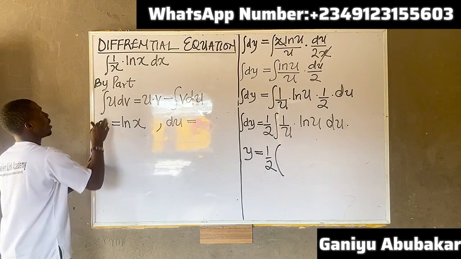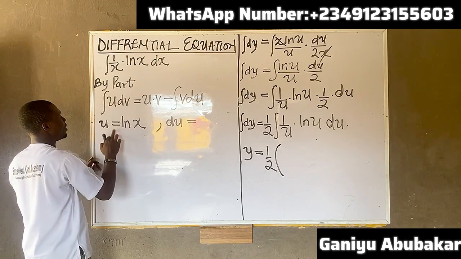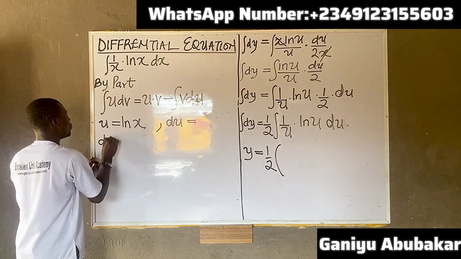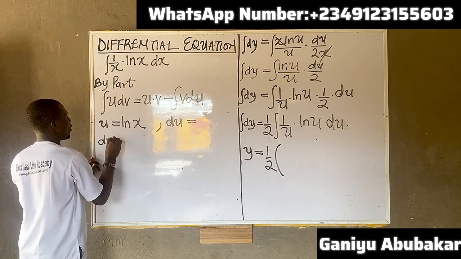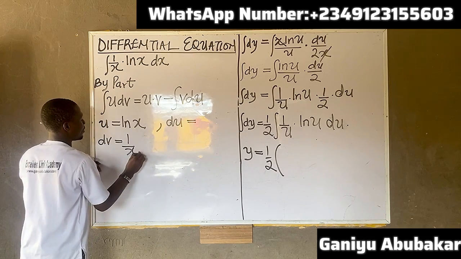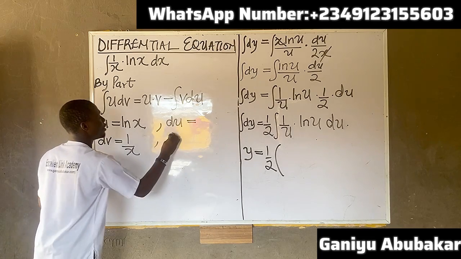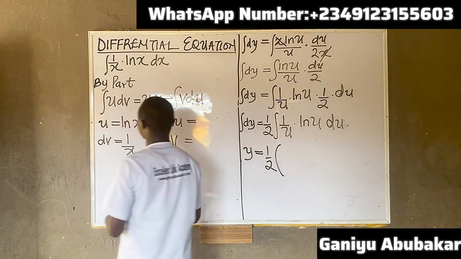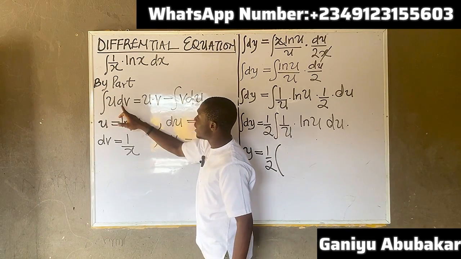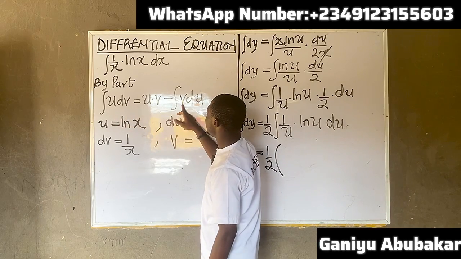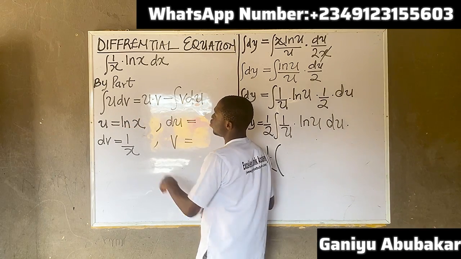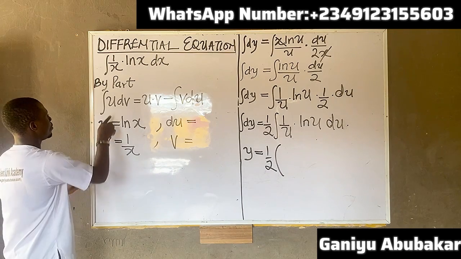Now observe, we said u is this. What of dv? The dv takes the other one, that's 1 over x. I'll use dv to get v. So I need four things: u, du, v, and dv.